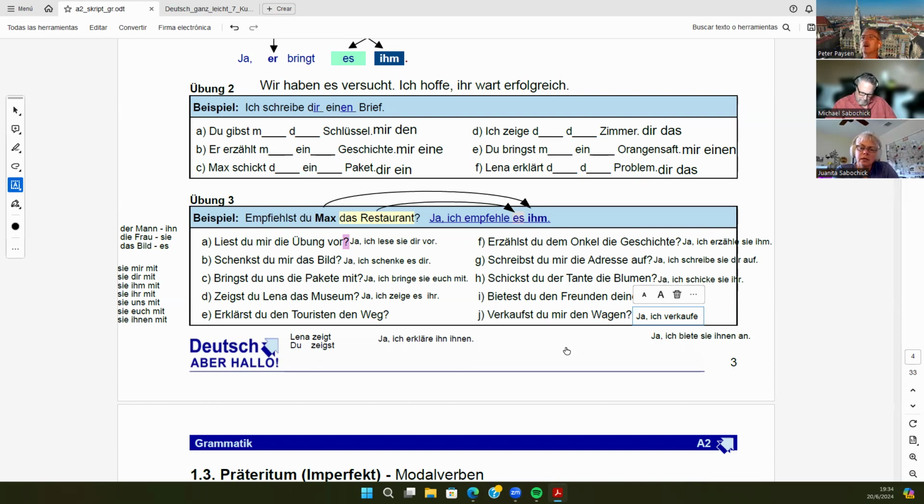Okay, is it der Wagen, die Wagen or das Wagen? I thought it was das. Well, no. In the Akkusativ, the das remains das, and the der becomes den. Okay. So der is ihn. Okay, so, ja, ich verkaufe ihn.